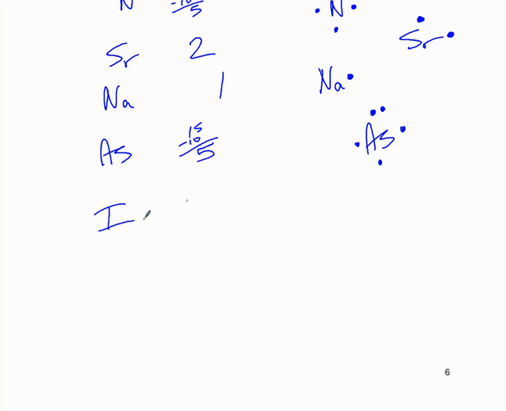Iodine. Iodine, we look up and we find it towards the bottom of group 17. That means it has 7 valence electrons. And here are my 7 valence electrons in my electron dot structure.